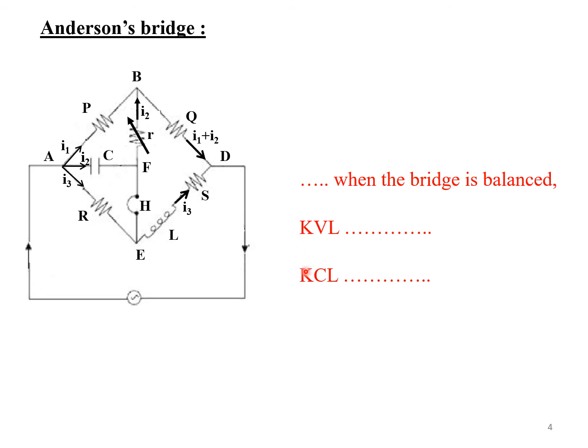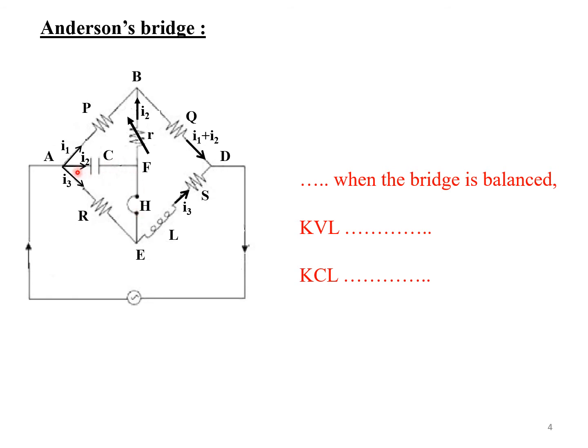According to Kirchhoff's current law, whenever the current enters one particular junction, the sum of the currents that enter the junction should be equal to the sum of the currents that are leaving the junction. Since the bridge is balanced, at the particular point, namely F, there is no flow of current from F to E because F and E are at the same potential.